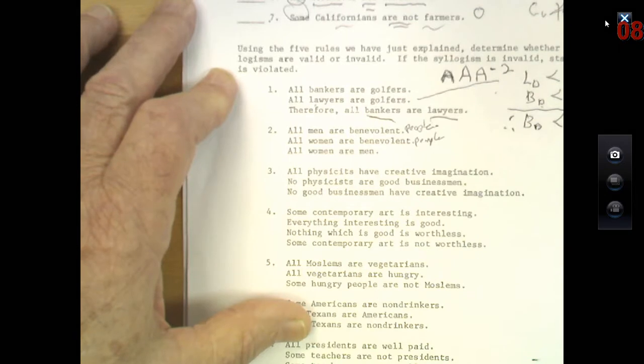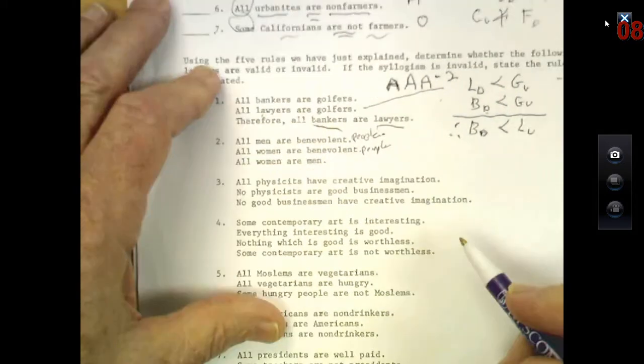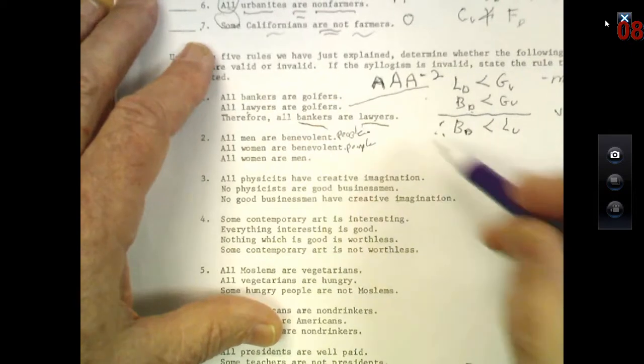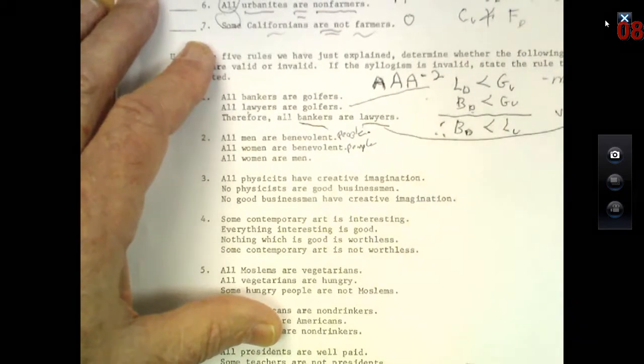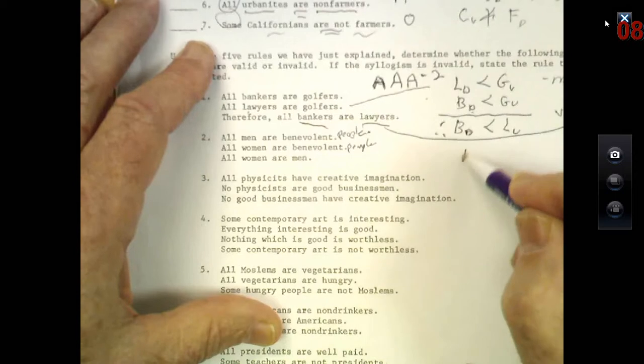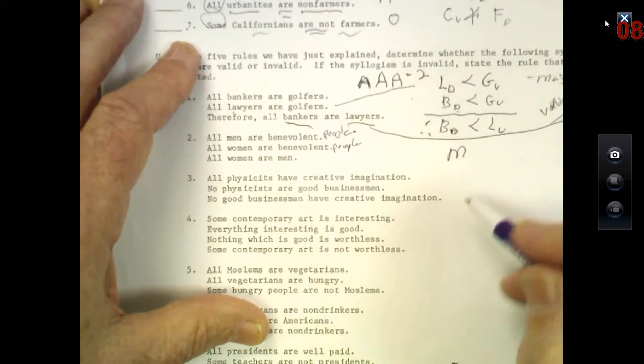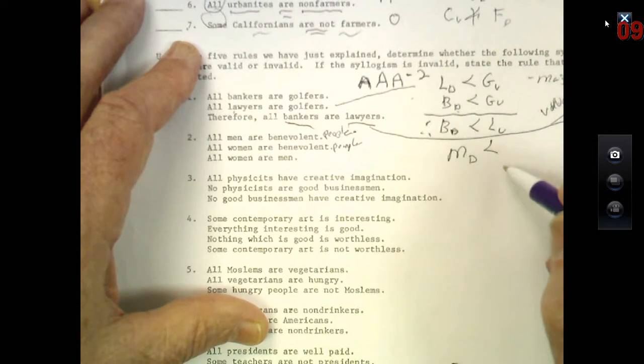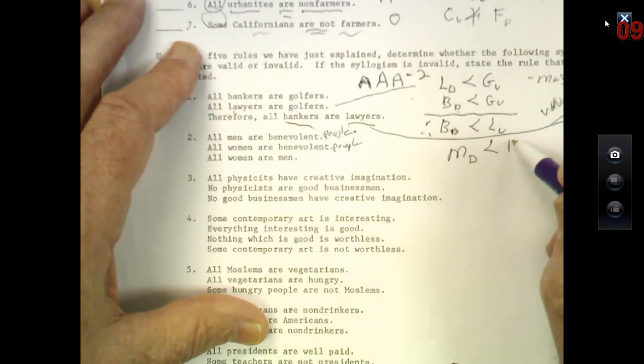put it in symbolic logic. Okay, so first we're going to take men, so capital M, and it's an A statement, so it's going to be distributed, is greater than benevolent people, BP, and that'll be undistributed.